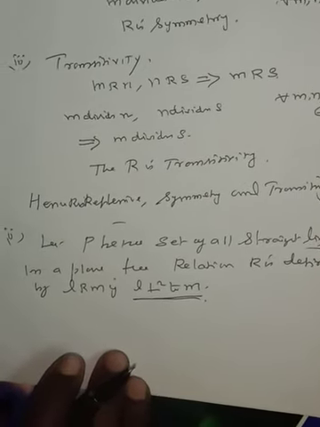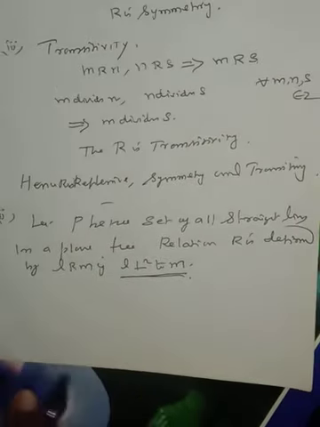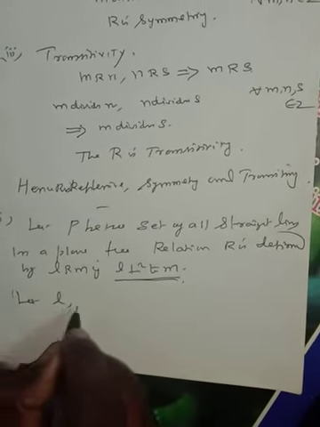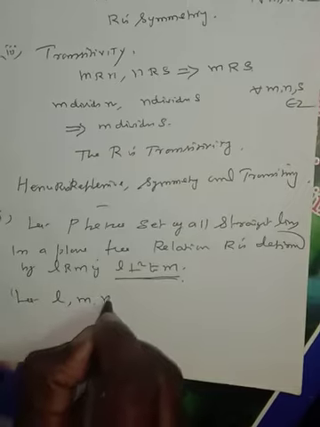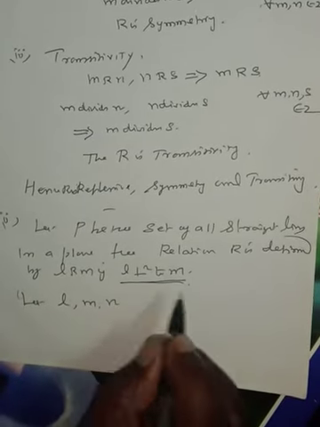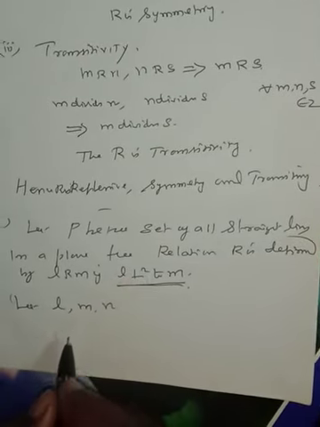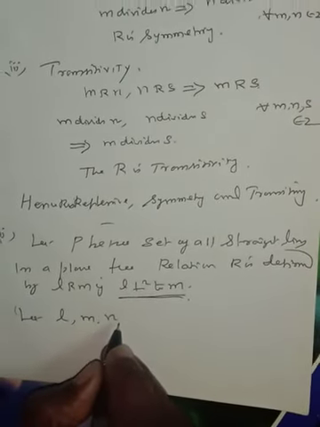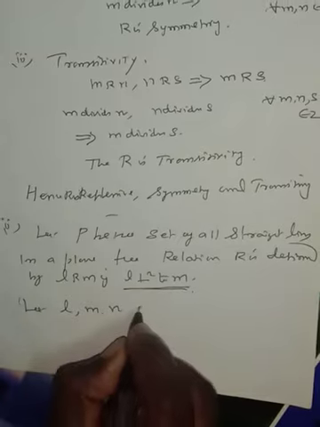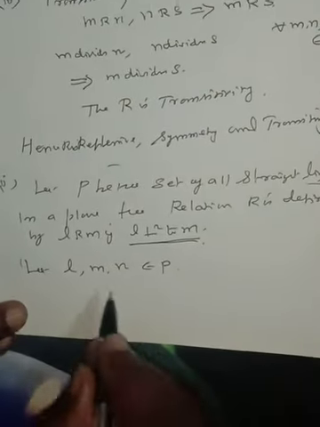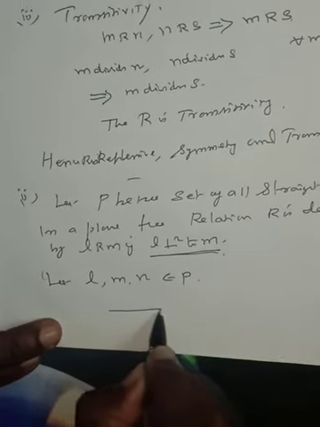Okay. Now let L, M and N belong to the set of all straight lines on the plane. So these three members are in plane P. Draw the straight lines.